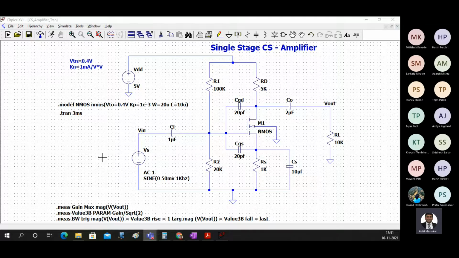Now I will be giving you 4 SPICE files, and with the help of these you can change the value of resistances. You can change the value of the MOSFET. You can change RD, RS, whatever you like. But these 4 files will be, one focused on the transient analysis. Transient means you are plotting your input and output signals with time.